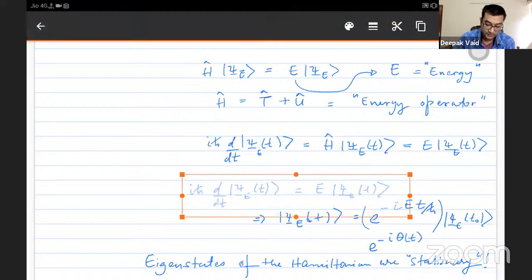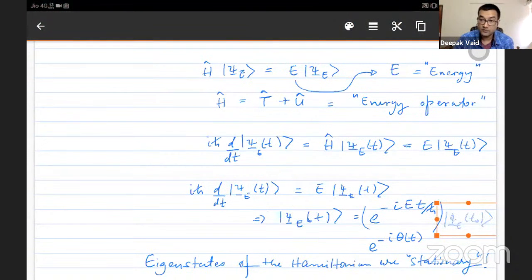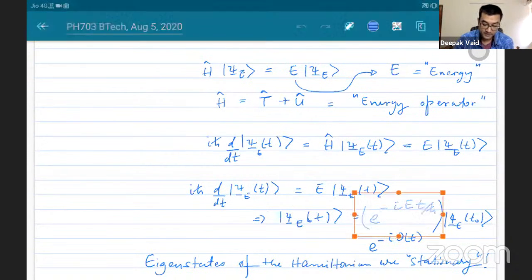The resulting equation is an ordinary differential equation. There are no more operators, just d by dt, and we can integrate it, and we get that the state as a function of time is simply the state at the initial time multiplied by some phase.